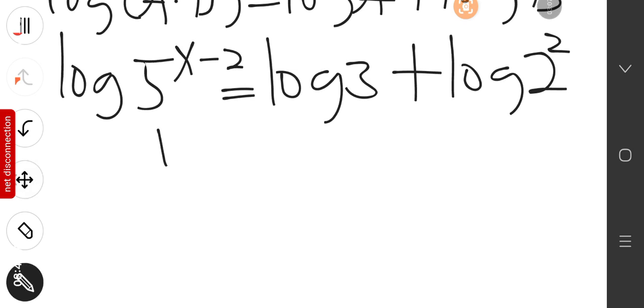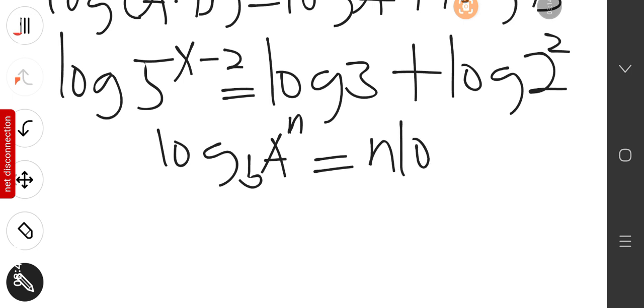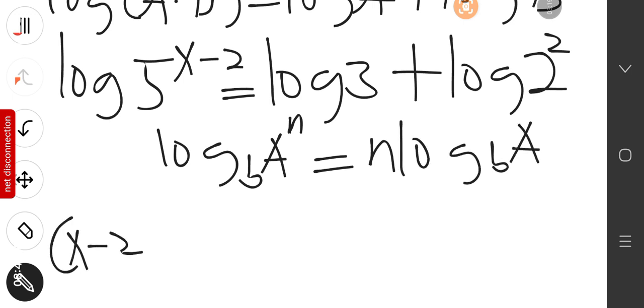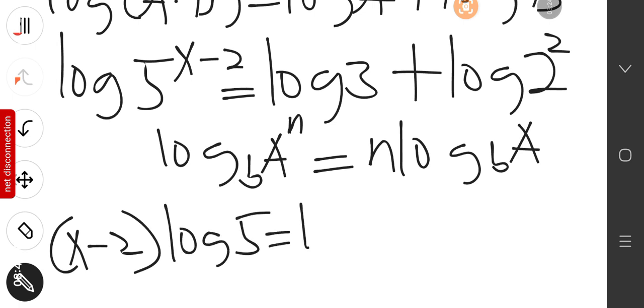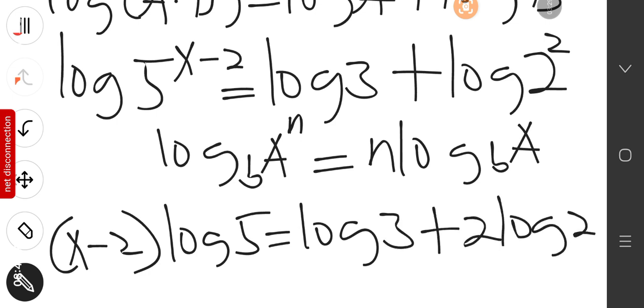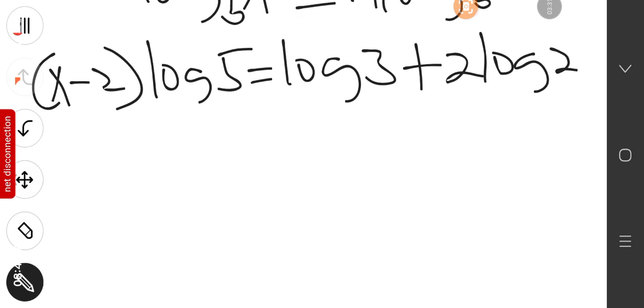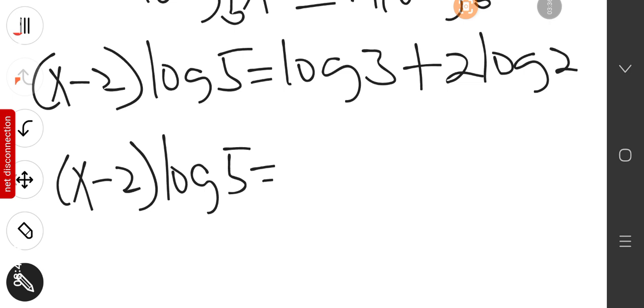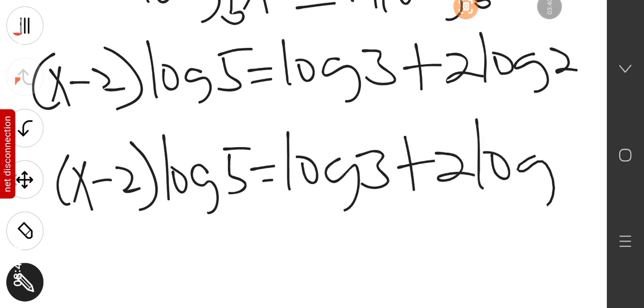If you have log a raised to the power n base b, this equals n log a base b. So our equation becomes x minus 2 log 5 equals log 3 plus 2 log 2. All right, so we are going to have x minus 2 log 5 equals log 3 plus 2 log 2.